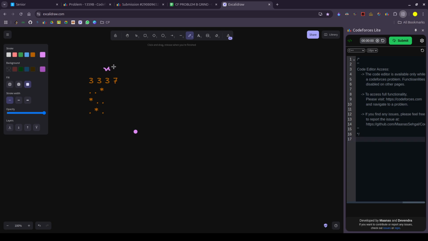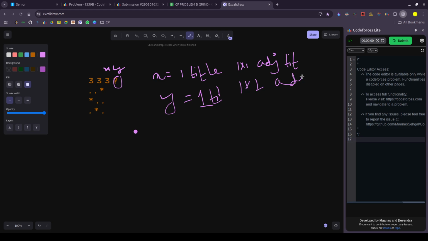We are given x and y. X is the cost of a one tile which covers one cell, and y is also a cost, which is 7 here, of a tile which covers one into two adjacent cells. It means it covers two consecutive cells.